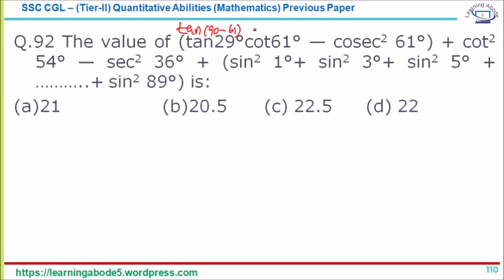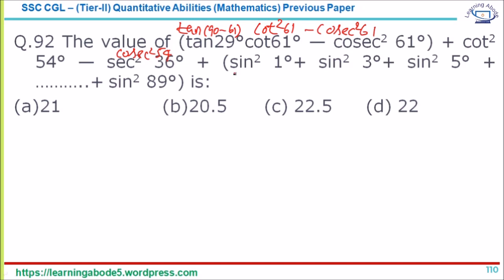Which you can write as, so this becomes cot square 61 minus cosecant square 61. Here cot square 54 similarly. Now secant square 36 will become cosecant square 54. Yes, secant theta is equal to cosecant 90 minus theta.